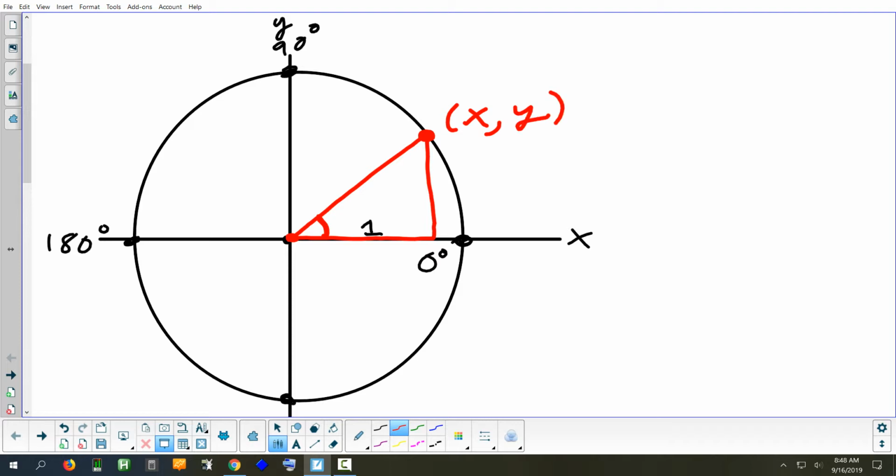However much you go over to the right, that's your x value, and however much you had to go up, that would be your y value. Together, those x and y values are the coordinates for this point, which is on the side of that angle. So that's what we have to figure out, the coordinates of that point.